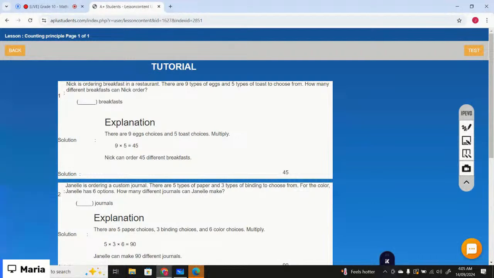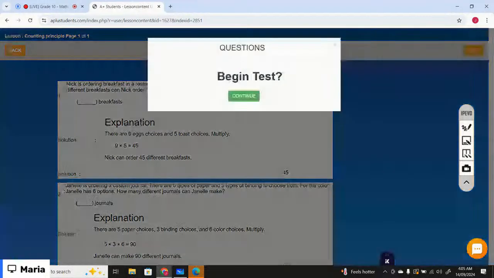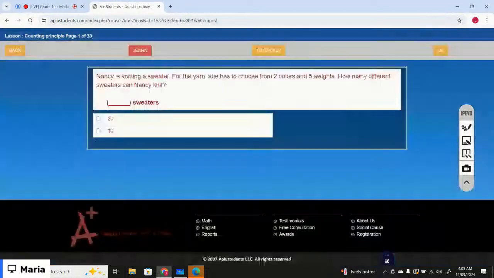Let's start with the test question. Nancy is knitting a sweater from yarn. She has to choose from 2 colors and 5 weights. How many different sweaters can Nancy knit? So which is the correct option?